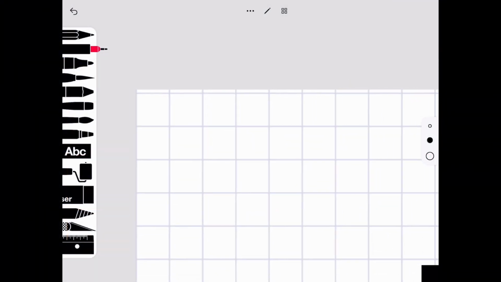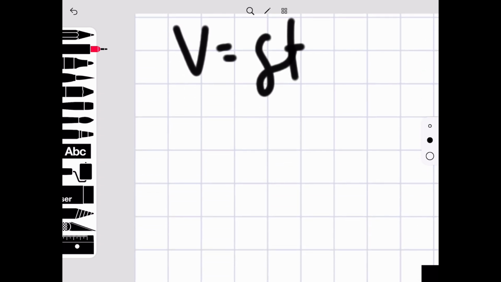Okay, so the first thing that we're gonna do is first know that velocity equals gravity multiplied by time.